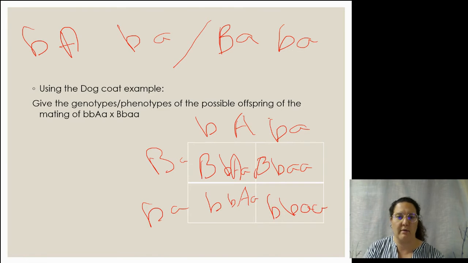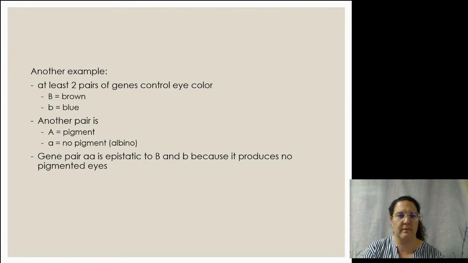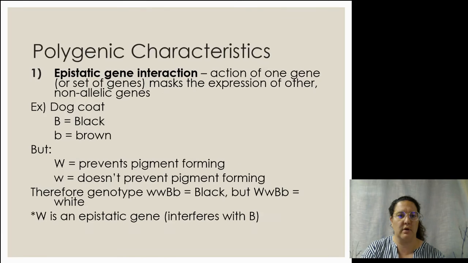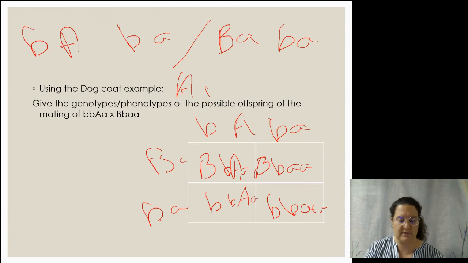So we're going to have, because A is for, let me just go back here. A is for, let's go, capital A is for no pigment.